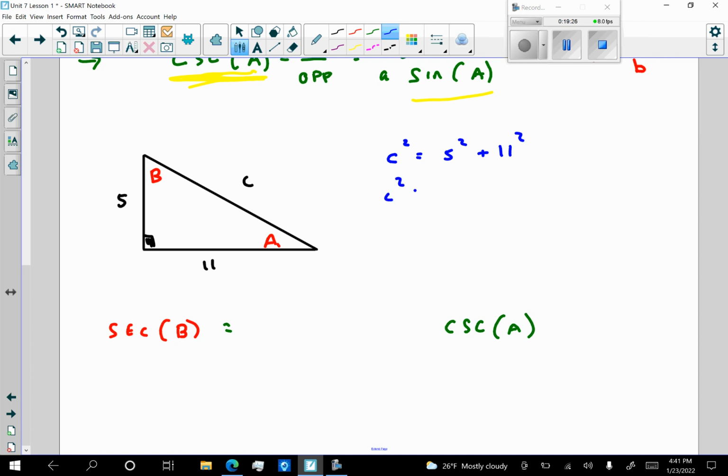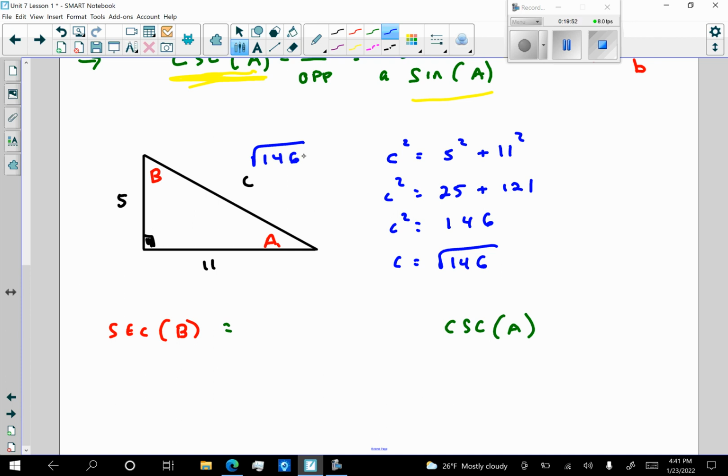So c squared is going to be 25 plus 121, so c squared is going to be 146. Therefore, c is going to be the square root of 146. This is already simplified. It has no perfect square factors in it.